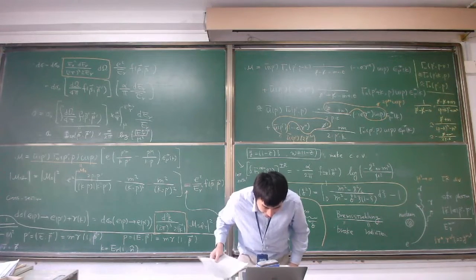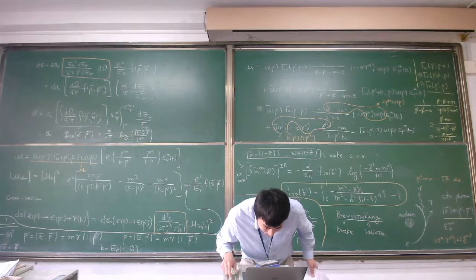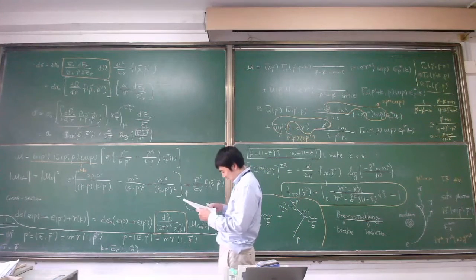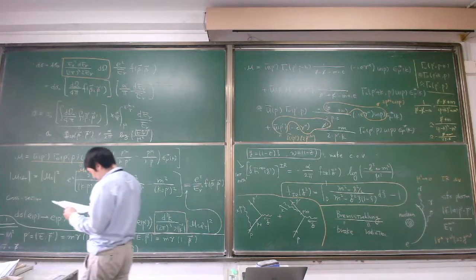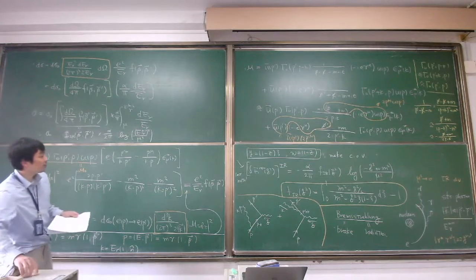There is a one. There is an alpha over pi. Okay, then where did I make a mistake? Where did I make a mistake? 8.23. Okay, I will find the factor mistake.